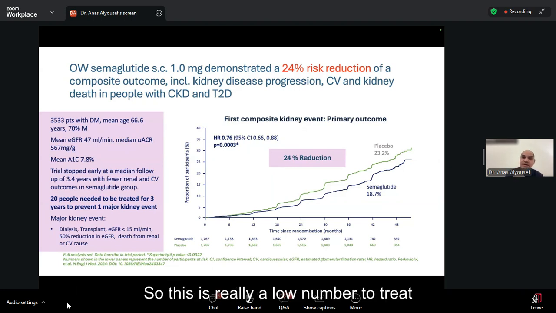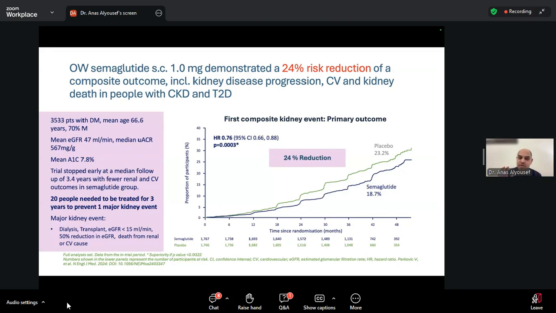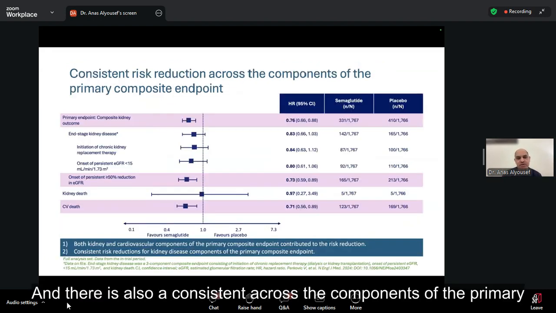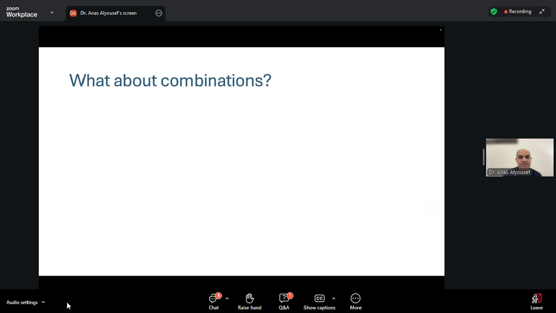So this is really a low number to treat patients, which again adds to our armamentarium in our agents to, let's say, treat or stop CKD progression. And the results were consistent across the components of the primary outcomes.